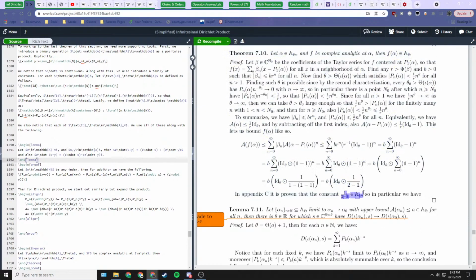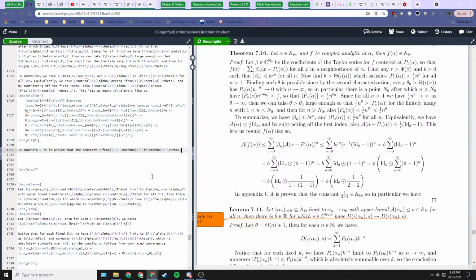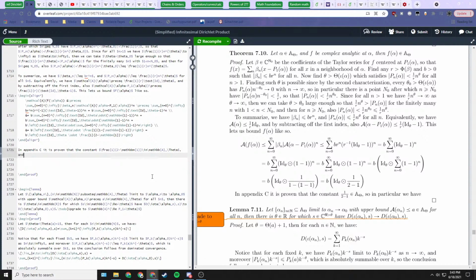In Appendix C, it's proven that this constant is in A theta; remember, it's this one. We proved that whole thing.